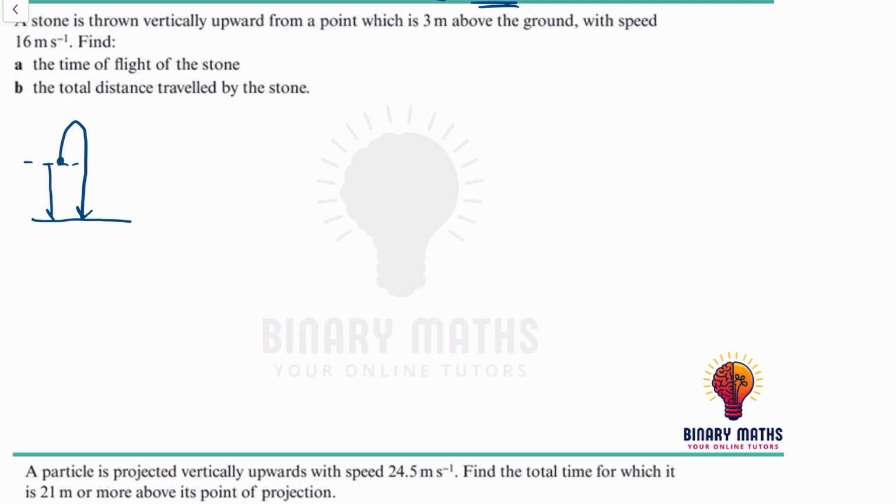And 3 meters above the ground. It's thrown upwards, so up being positive, so acceleration is minus 9.8 and the speed is 16, initial speed. So A, find the time of flight of the stone.